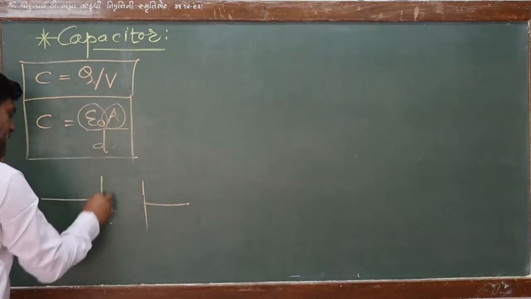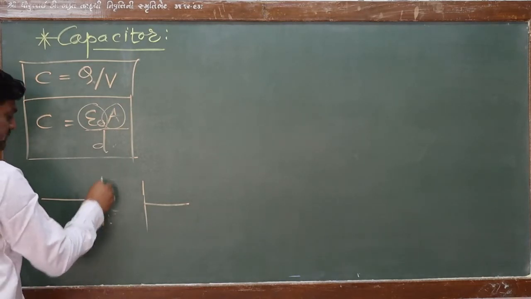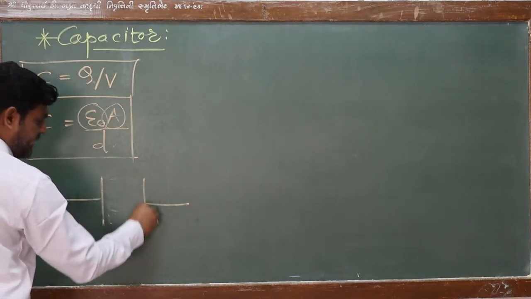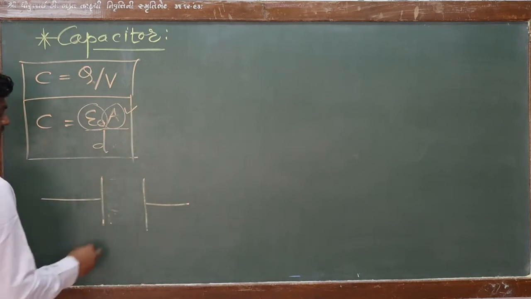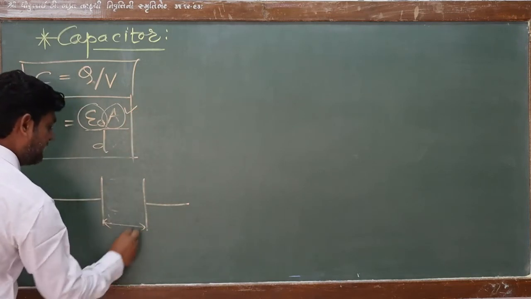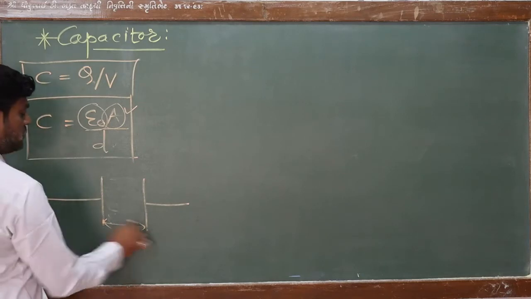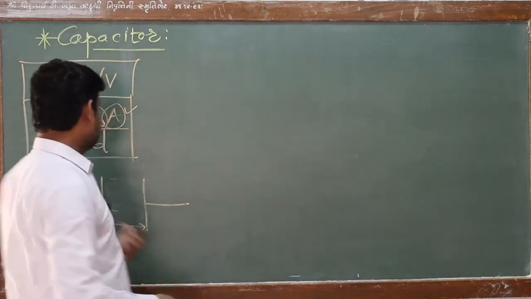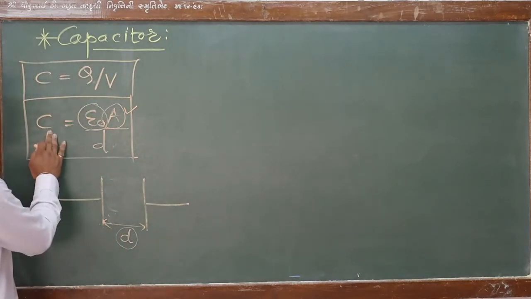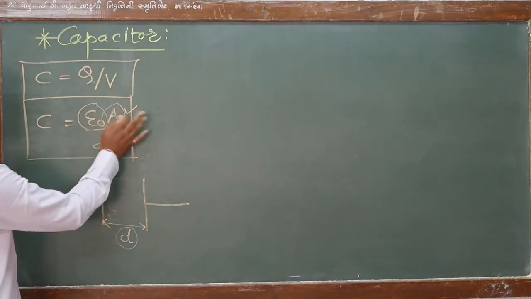A is the area of each plate. These are the plates, first plate, second plate, having area equal to A. The distance between the two plates is small d. In this case, the capacitance of the parallel plate capacitor will be epsilon 0 A by d.